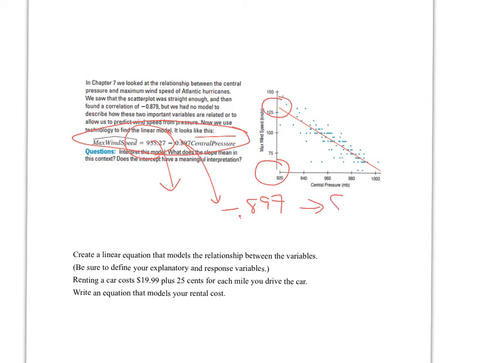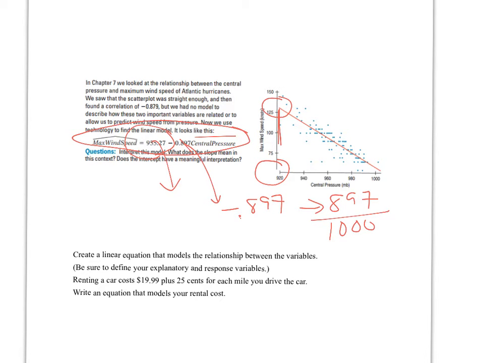that is 897 1,000ths. What that means is, if you think about it as rise over run, for every 897 knots, that's how much you're rising.